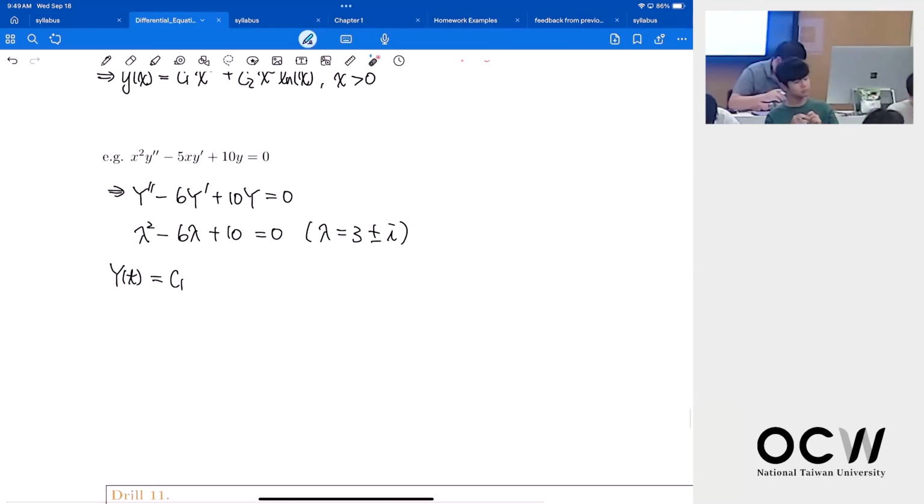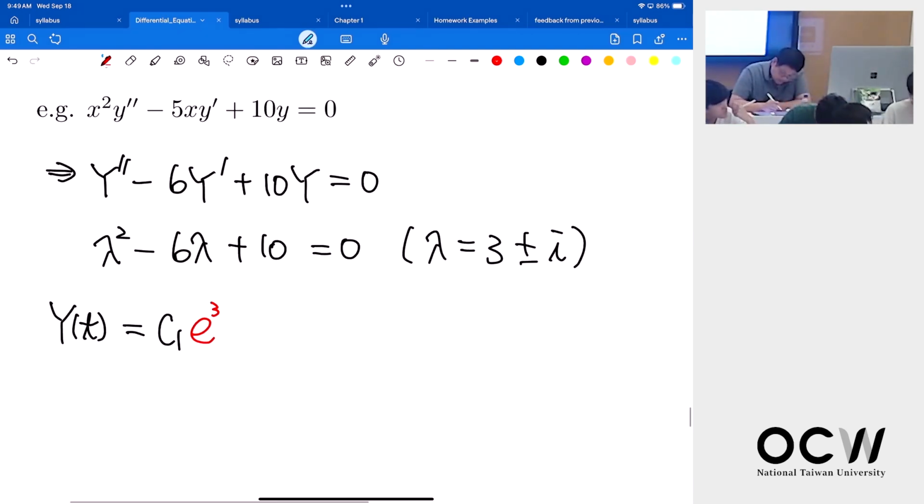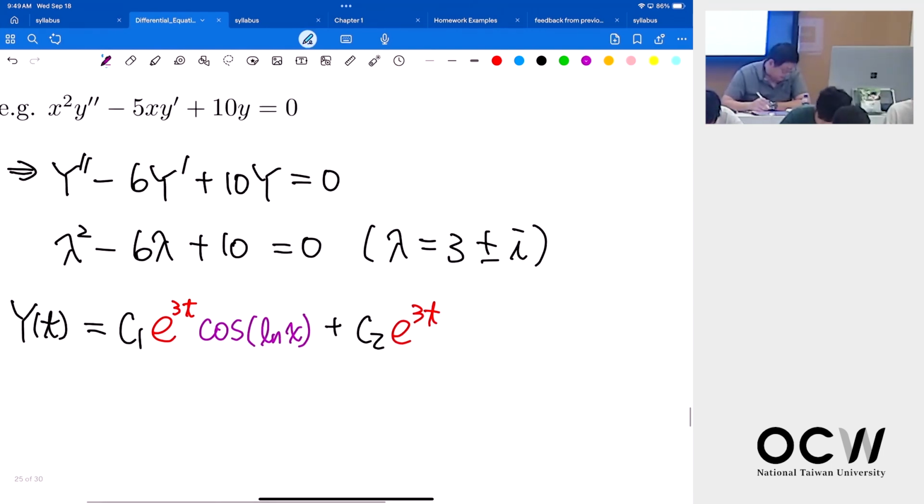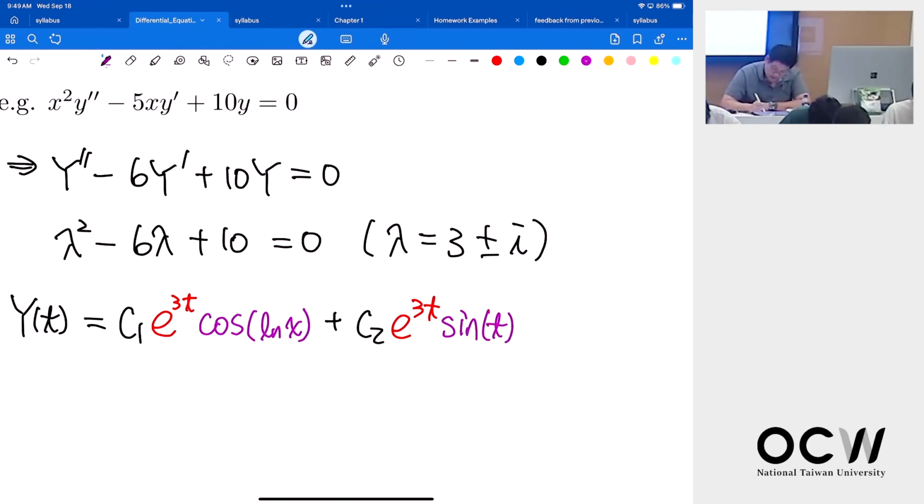So here we have c1 e to the 3t cosine of natural log of x, and also c2 e to the 3t sine, and here we have t.